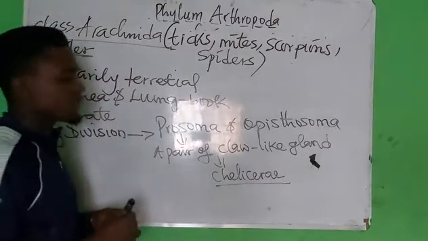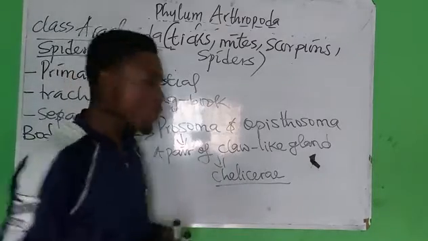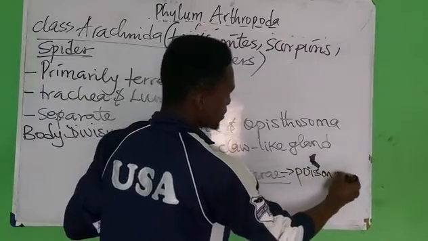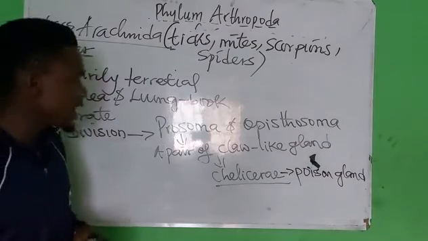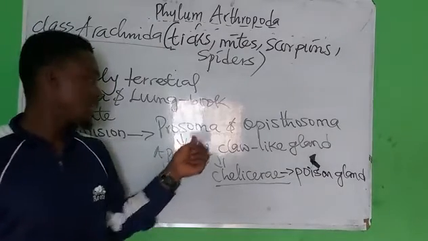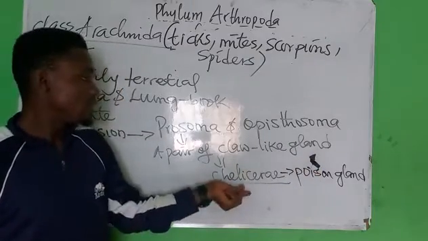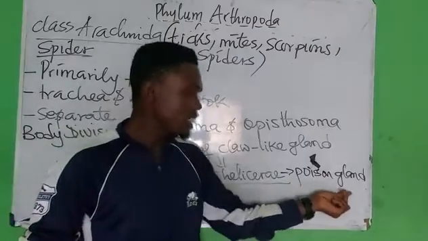And these chelicerae have a poison gland. On the prosoma region, they have a pair of claw-like appendages called what? Chelicerae. And the chelicerae have a poison gland.